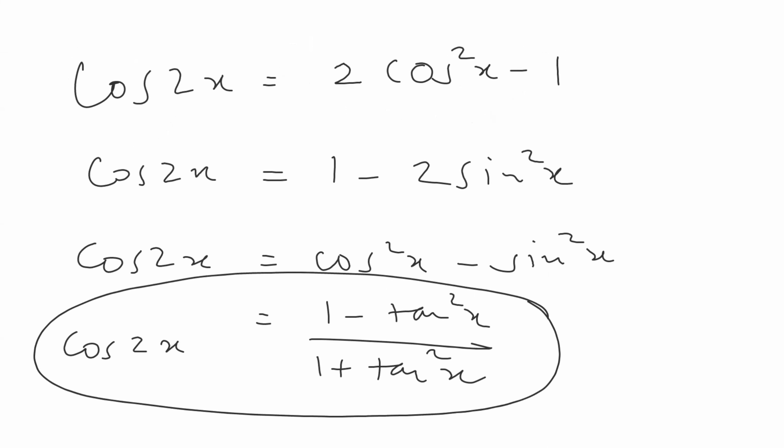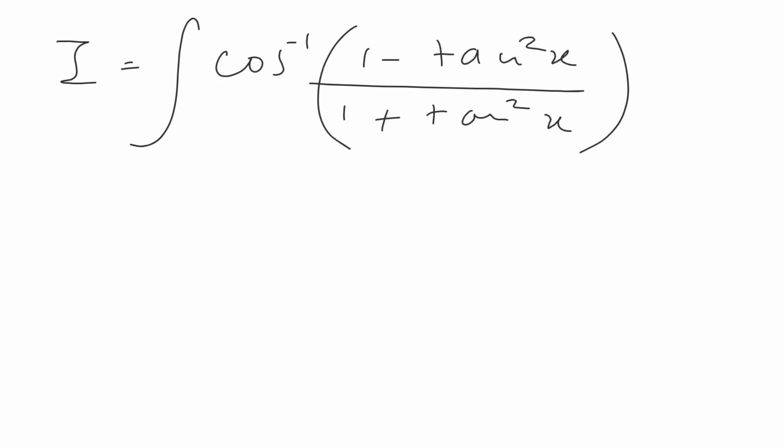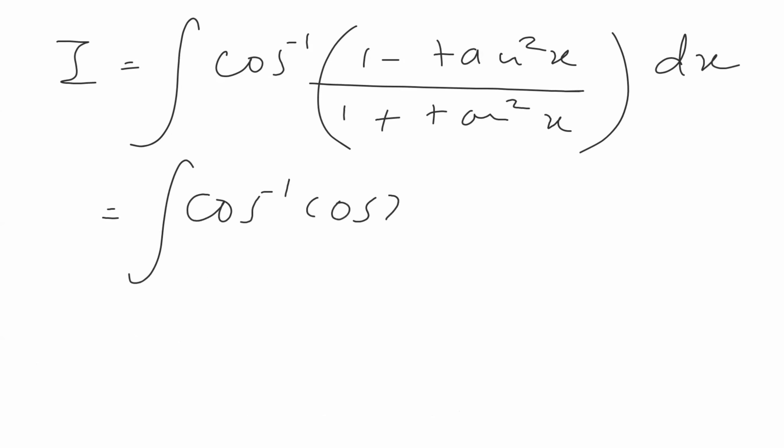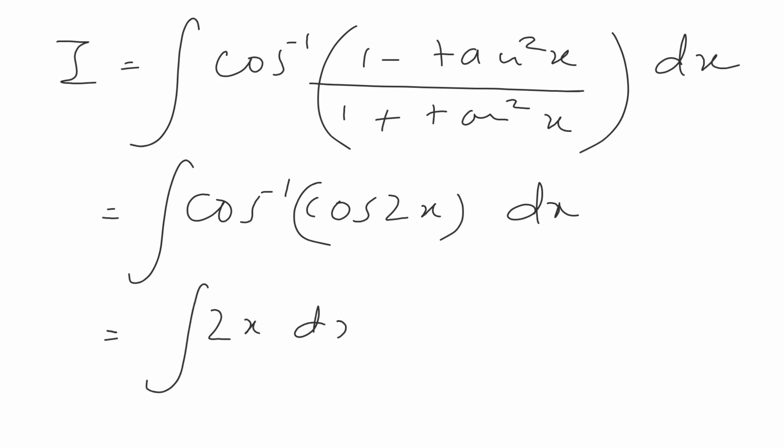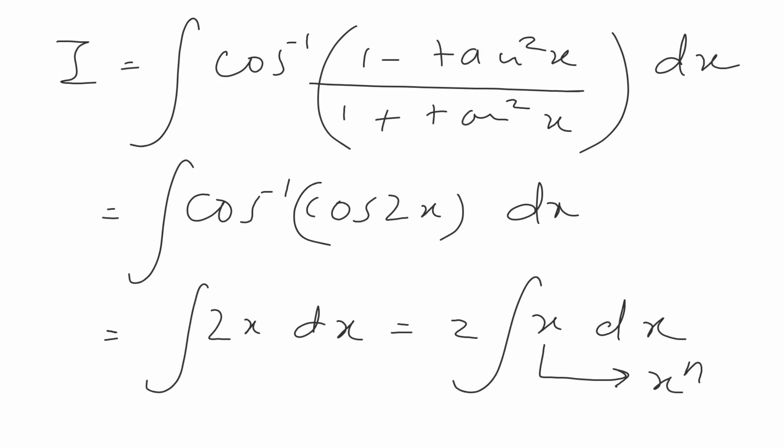So 1 minus tan square upon 1 plus tan square will be cos 2x. So this will be 2x because cos inverse and cos get cancelled. 2 goes outside and we are going to apply x raised to n where n is 1.